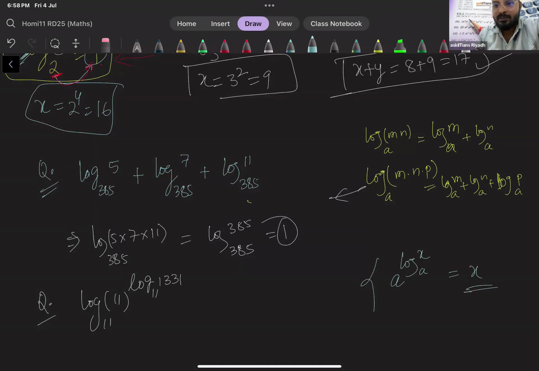This is a property, just remember this. If the base and this base are both the same, the answer is going to be x, and log x is in the power. Now think about it, try to solve it, guys.